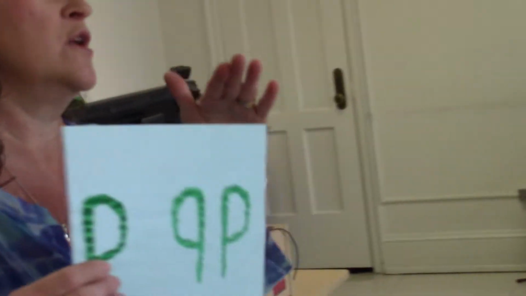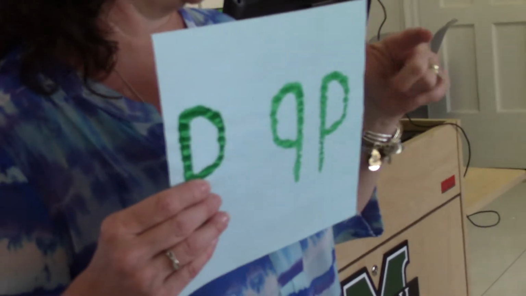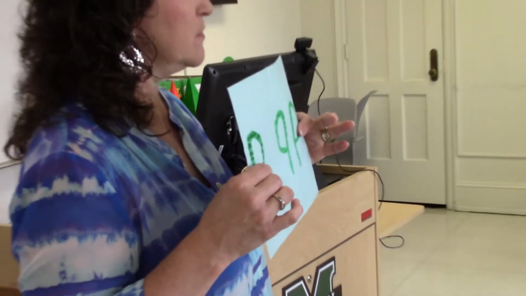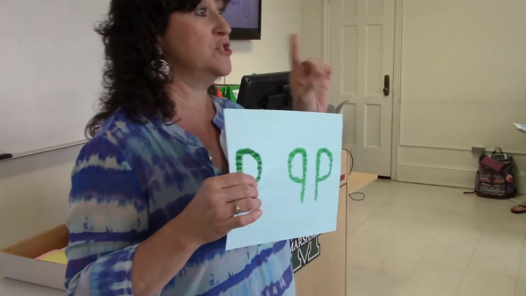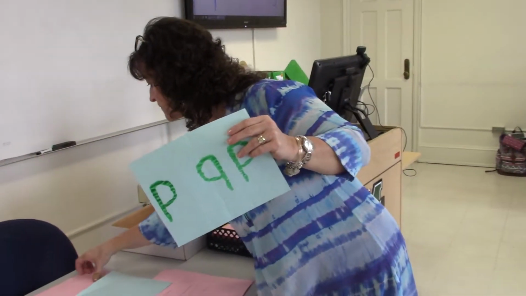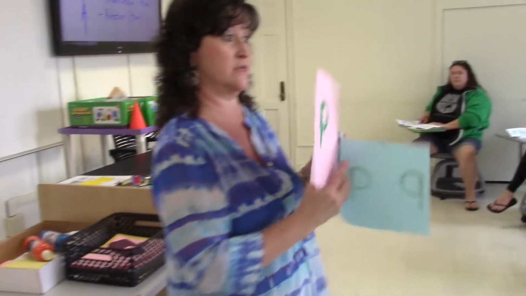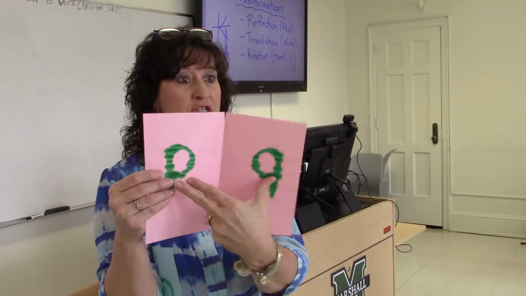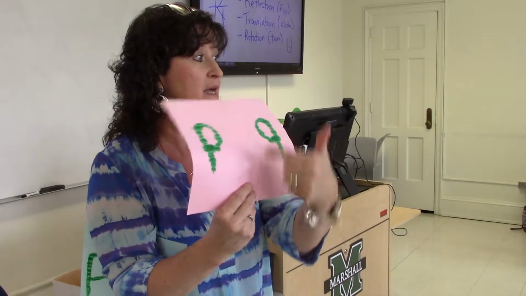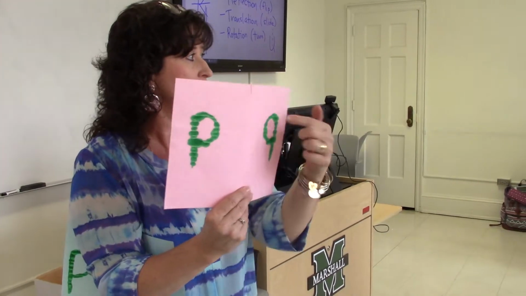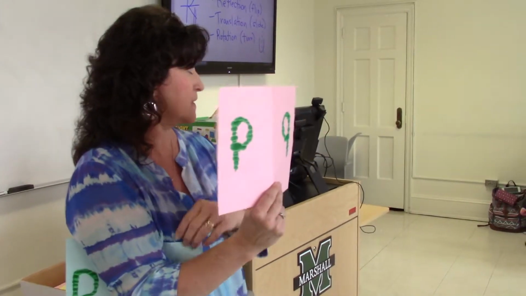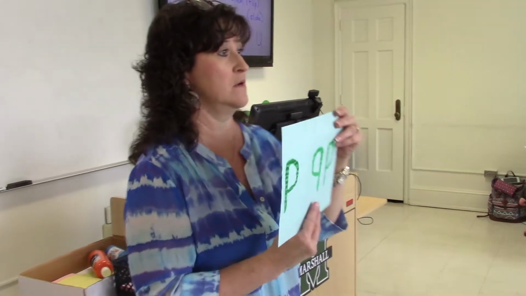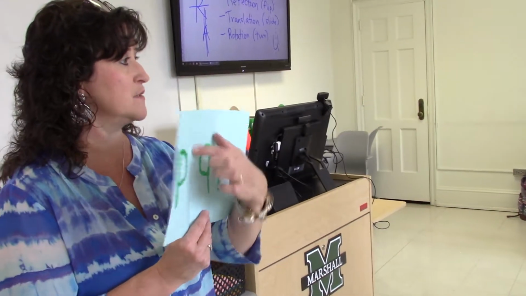Now, I don't want you doing this to your paper. Mine is dry, so let me do it for you. Let me show you something. We just talked about a reflection. The first one we did was a reflection. We took an image and we flipped it over the line of symmetry and we ended up with our reflection. Now we have two lines of reflection.